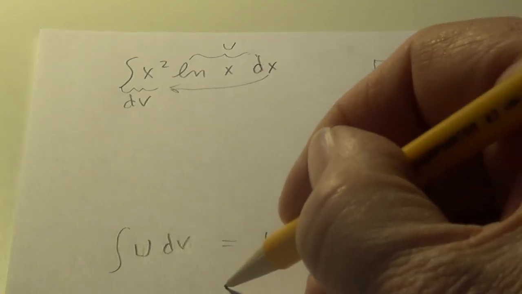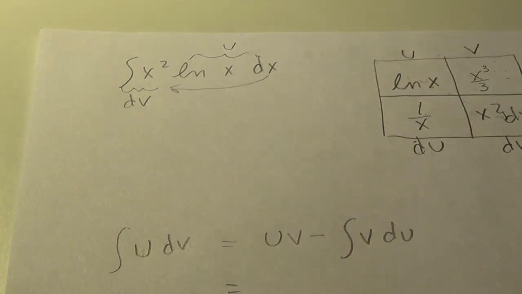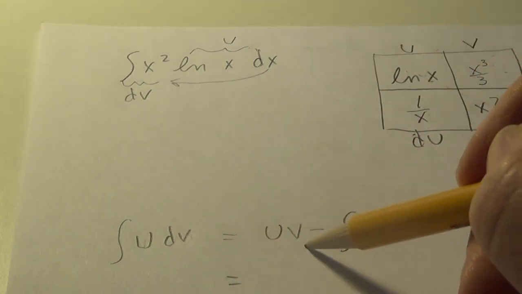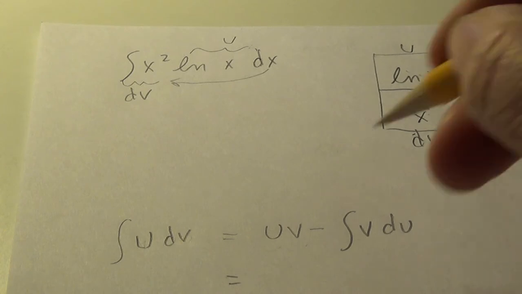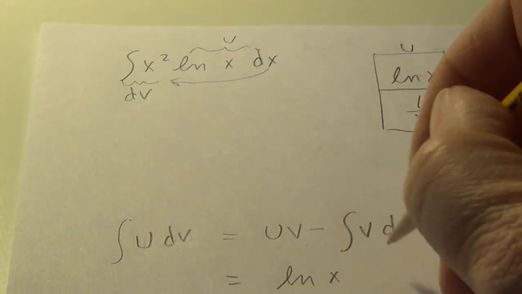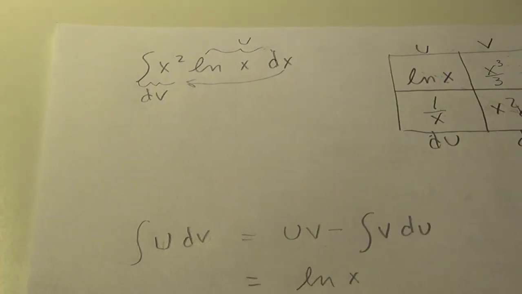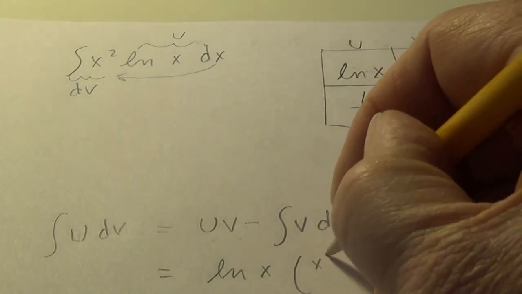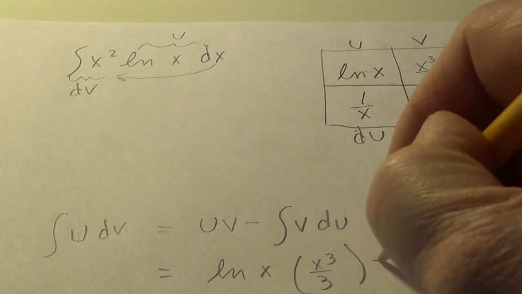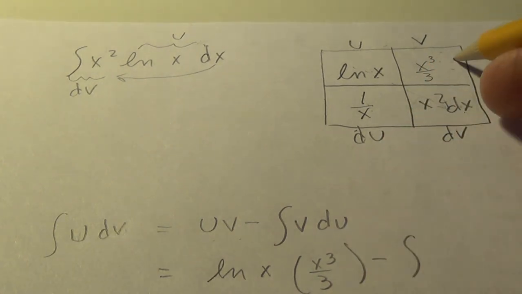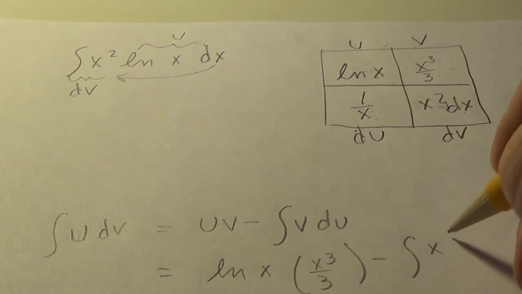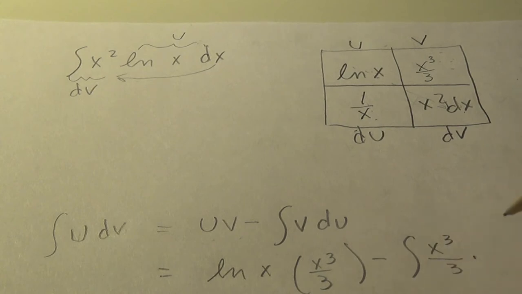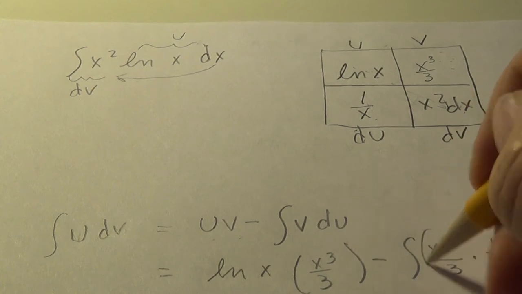So our integral for this expression will be u times v, which is ln of x times x cubed over 3, minus the integral of v du. And you're just hoping that whatever shows up behind this integral is integratable.